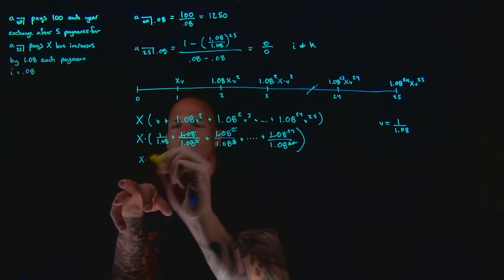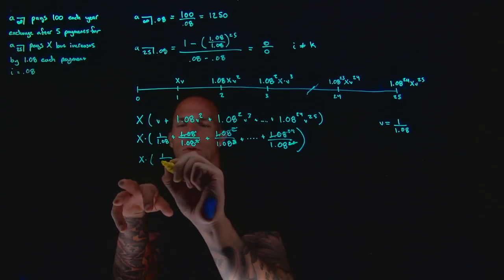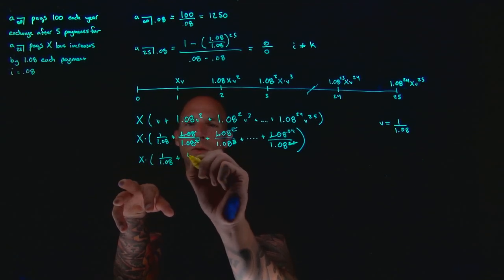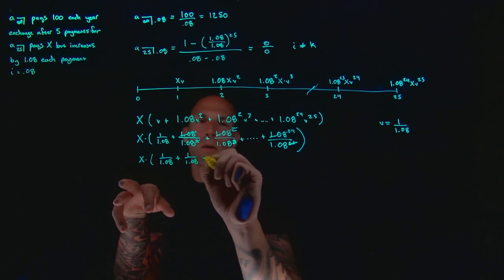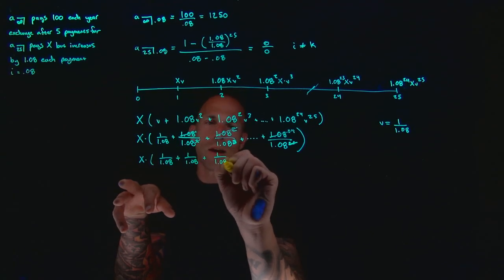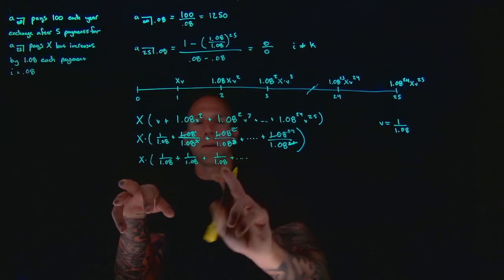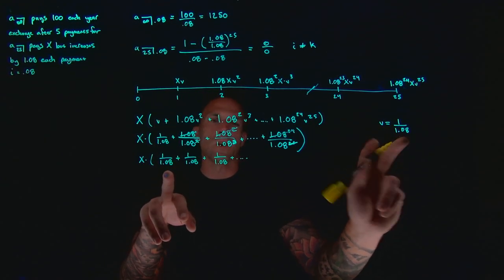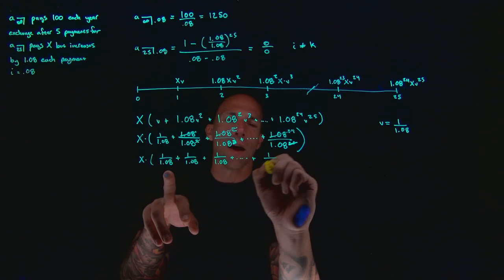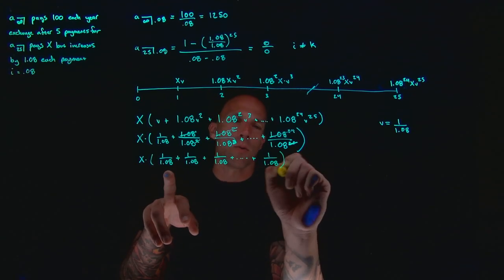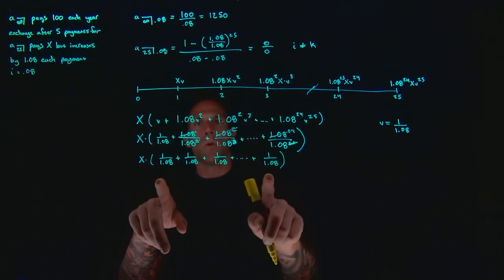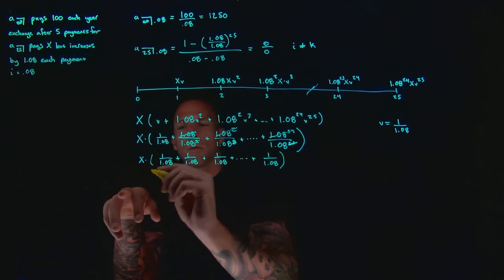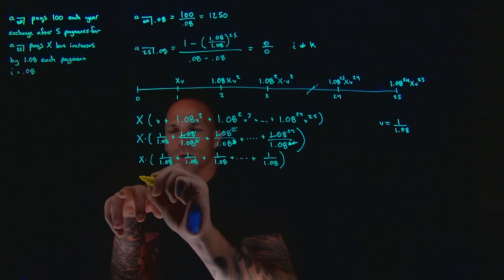So what we've actually got here is x times 1 over 1.08 plus 1 over 1.08 plus 1 over 1.08, and we have that factor there, 1 over 1.08, or it's really just v. That factor shows up 25 times, one for each year. So we can rewrite it as such.